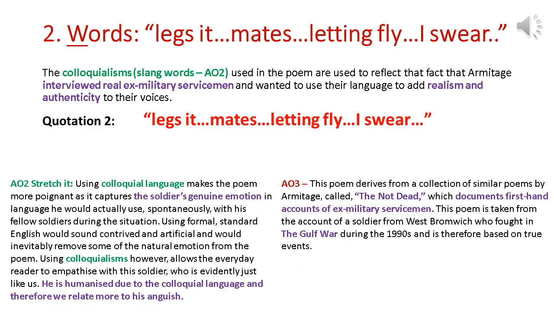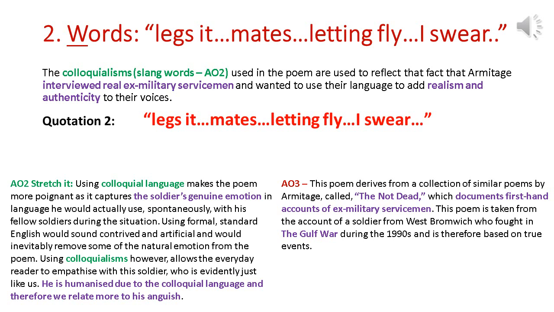So if we start off by looking at some of the words that Armitage uses in his poem, the soldier recounting the events uses phrases like "Legsit," "mates," "letting fly" and "I swear."